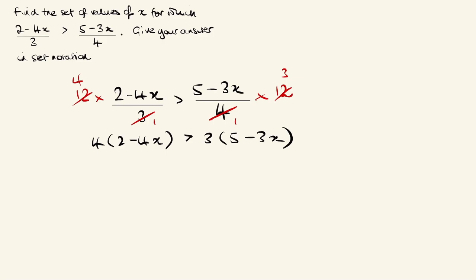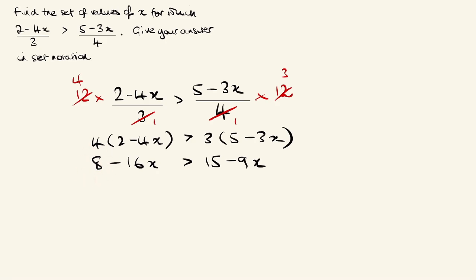And then if we do expand it out, we've got 4 times 2 is 8, and then 4 times minus 4x is minus 16x, is greater than 3 times 5 is 15, and then 3 times minus 3x is minus 9x. And we just keep applying the normal rules of algebra. So maybe I could take 8 from both sides.